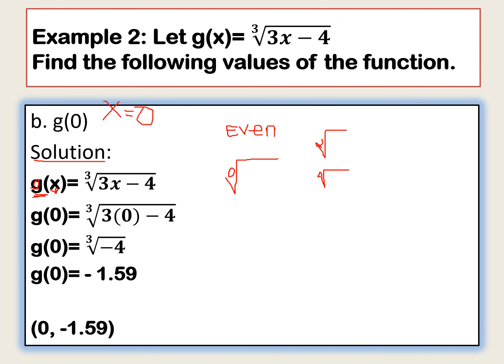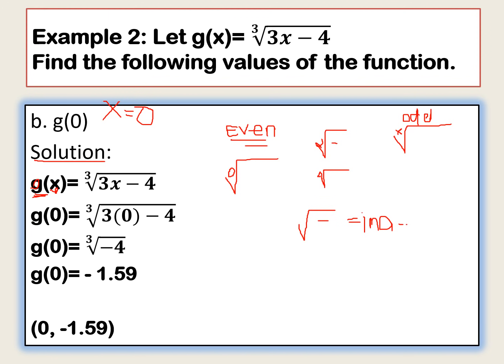If we're going to get the even root of a negative number, let's say square root of negative value, there is no value for that. Imaginary yun. Okay? Imaginary.